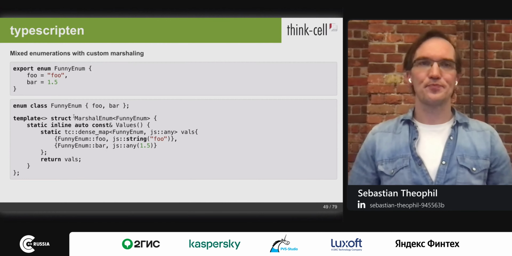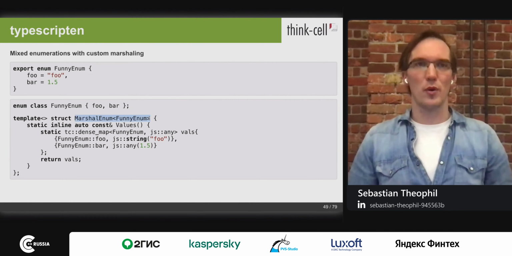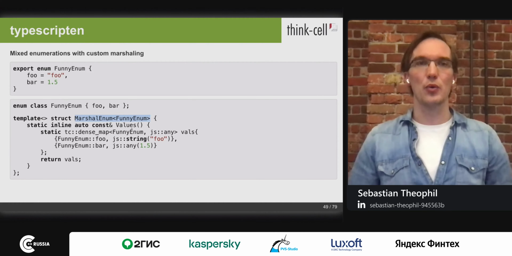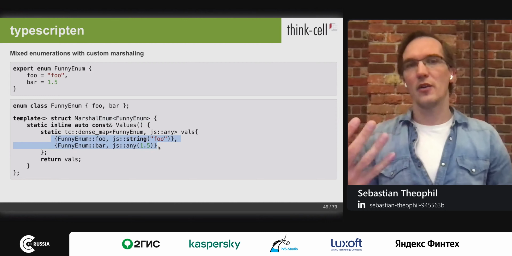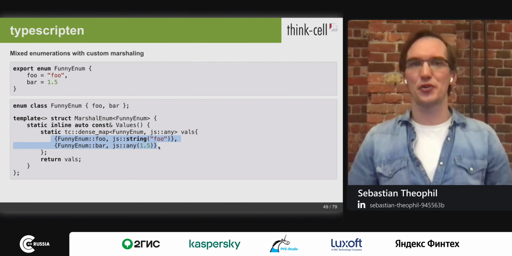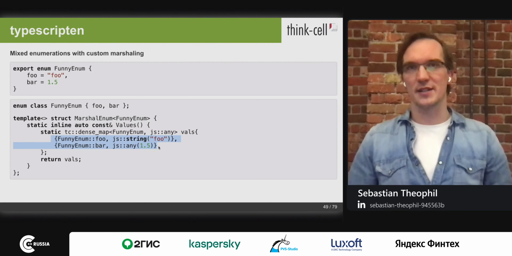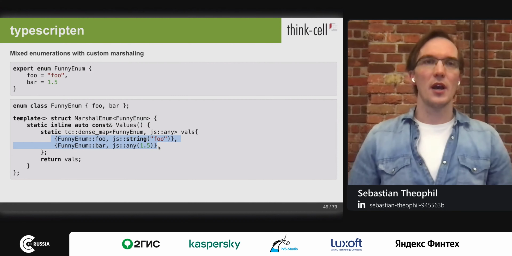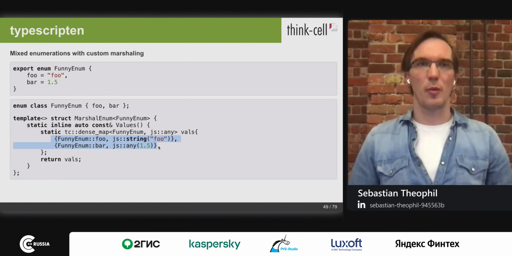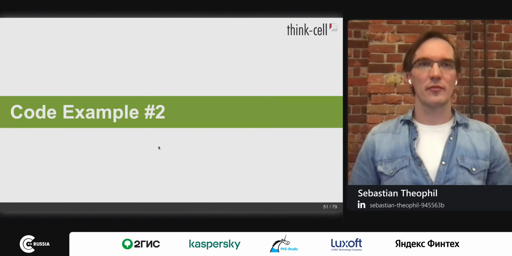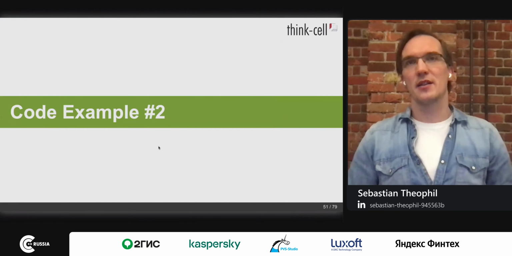So we define a little template type that we look up when we have to marshal the enumeration value, and that contains a static map. And that map will tell us, oh, enum value foo has to be marshaled as a string, and bar has to be marshaled as a double value. And that's how we solve that problem. Now, here's the map.